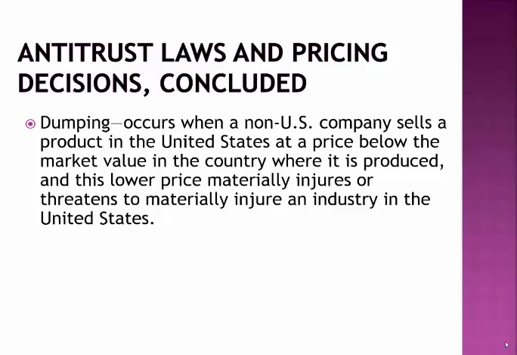Dumping occurs when a non-U.S. company sells a product in the United States, for example, solar panels, at a price below the market value in the country where it is produced. And this lower price materially injures or threatens to materially injure an industry in the United States.